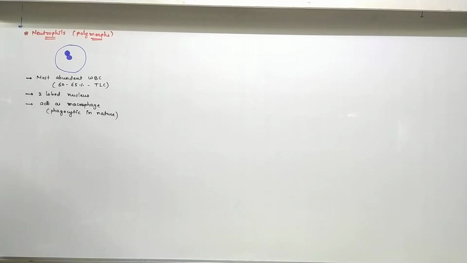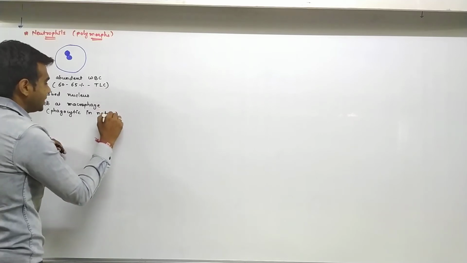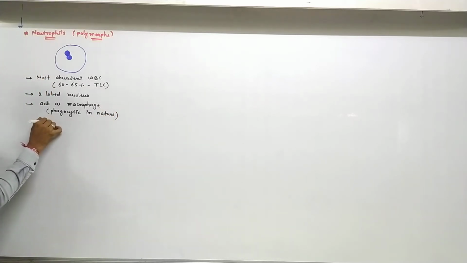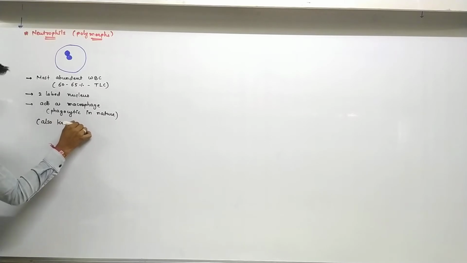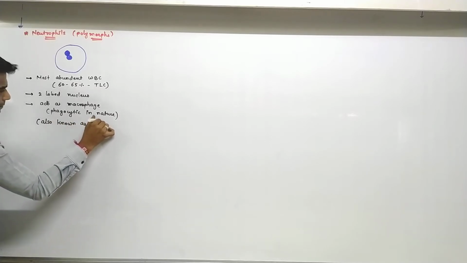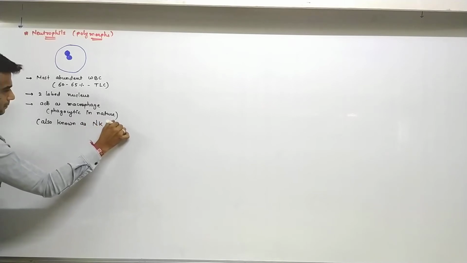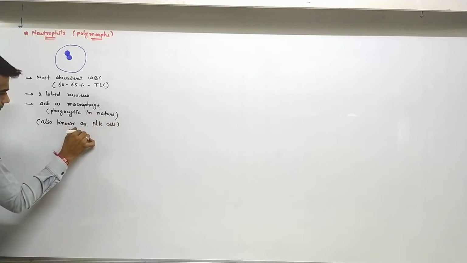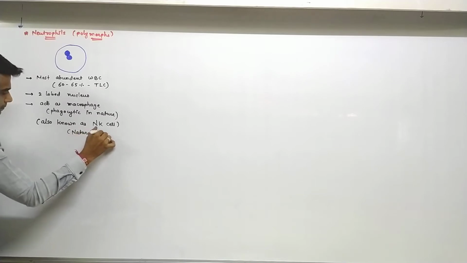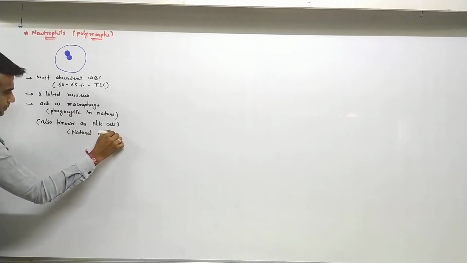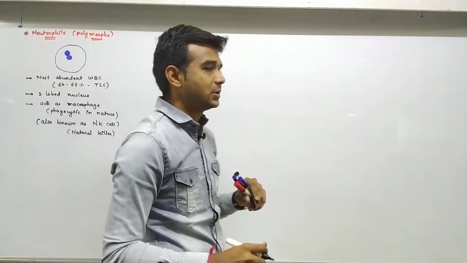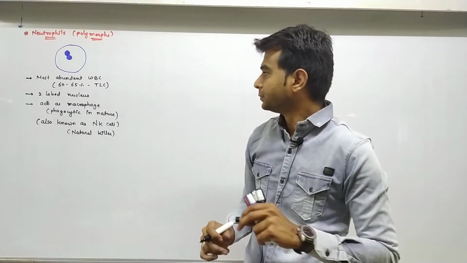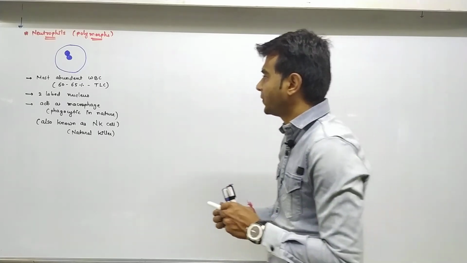So, with this phagocytic function, it is known as a natural killer cell. So neutrophil is also known as natural killer cell. So this is about the neutrophil.